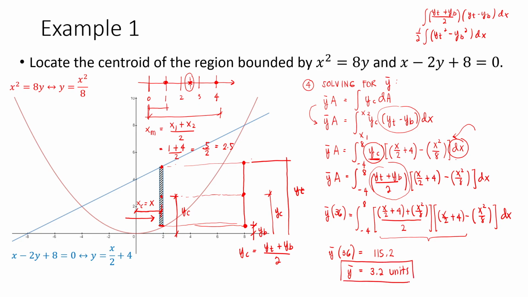So that's how you solve bar y. You can also express your answer in this manner, as a coordinate system: bar x, bar y is equal to 2.0 and 3.2. It is easier to present.